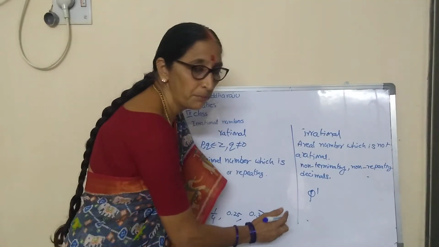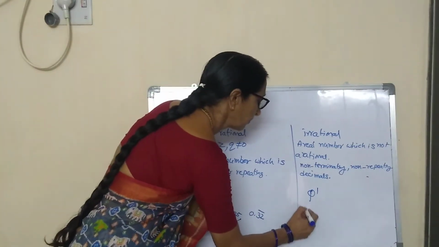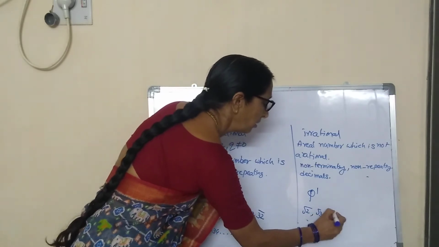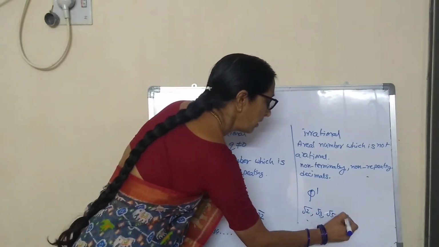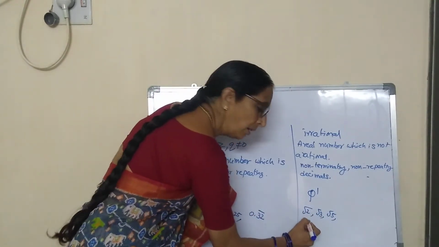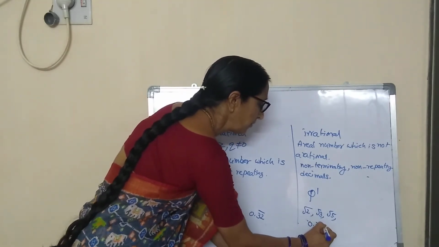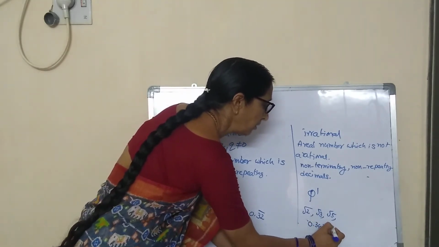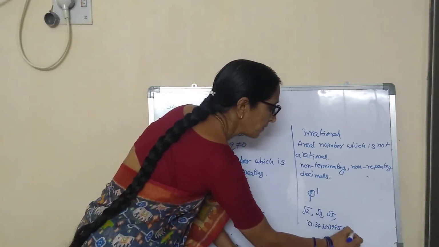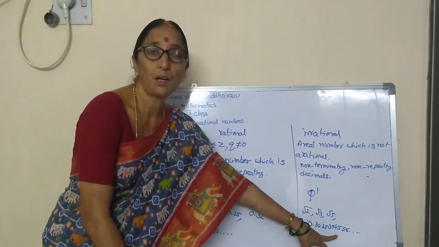Now, give examples for irrational numbers. Can you give? Yes, root 2, root 3, root 5, etc. And according to decimal form, 0.3435394556, etc. This is non-terminating, non-repeating.